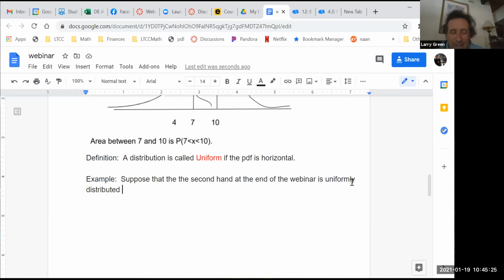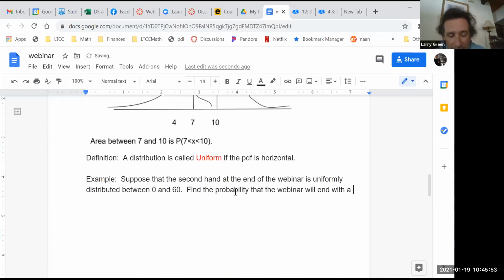Uniformly distributed between 0 and 60. Find the probability that the webinar will end with a second hand between 11 and 23. Any questions on the question?